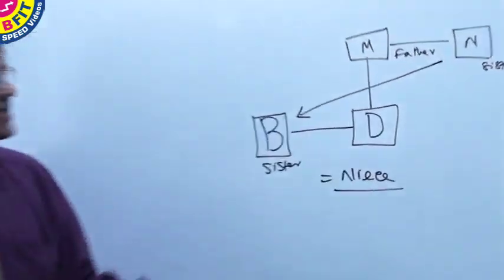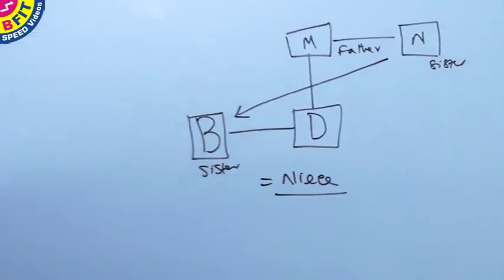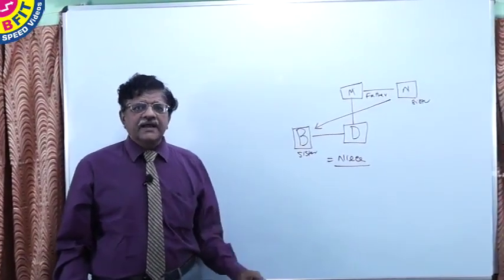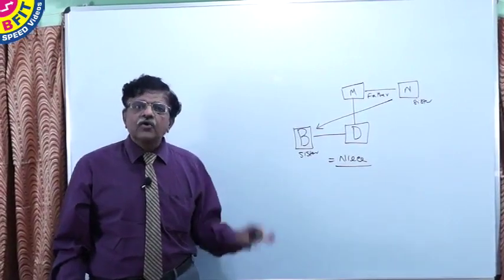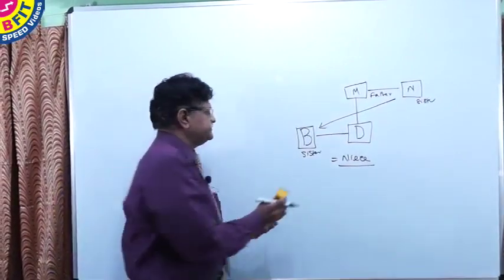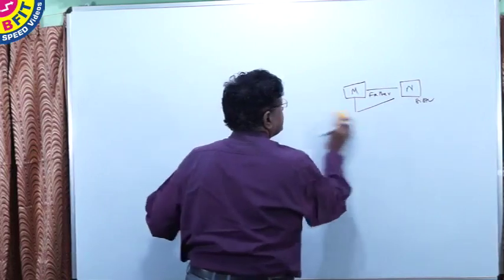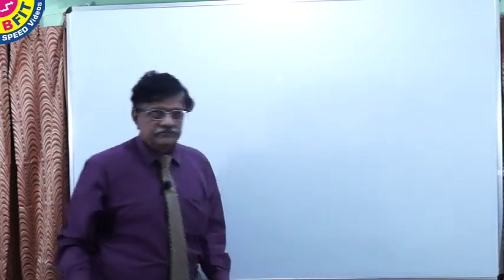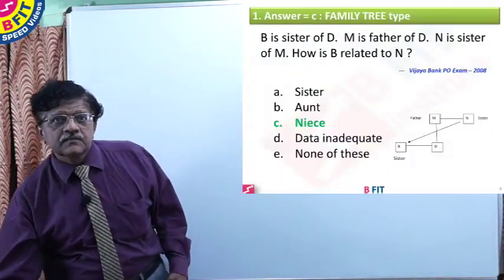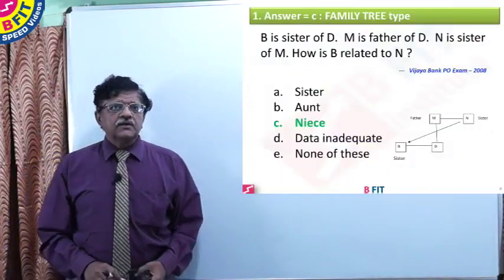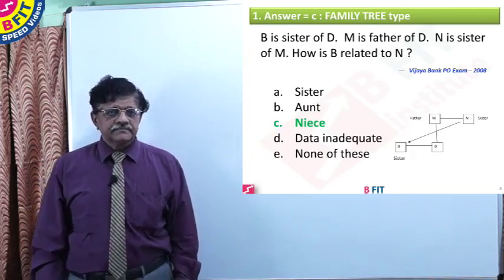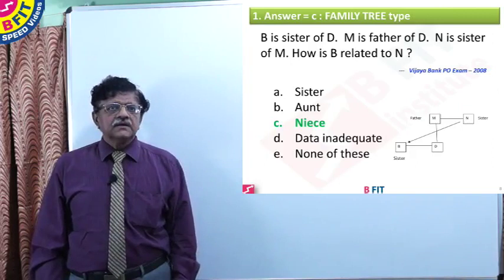B is niece of N. This answer we can very easily draw, provided we draw the diagram correctly and then we draw the arrow correctly. Now the answer for question number 1 is option C, niece. Let us go to the next question.